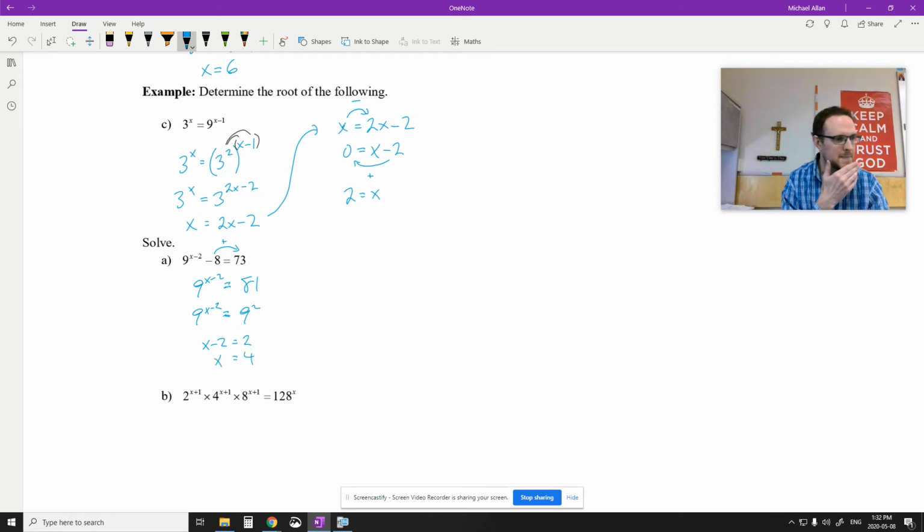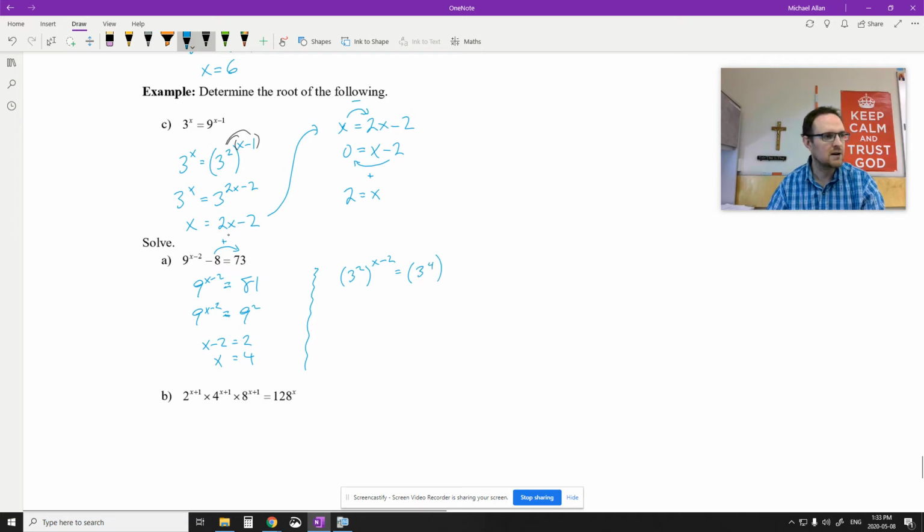Okay? Not too bad. Then what I could also do, I want to just verify, does it work the other way? So if I change into both base 3, so 9 is 3 squared, and 81, we already did this one before, is 3 to the power of 4, right?